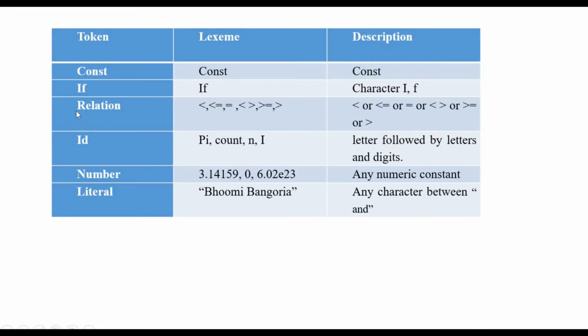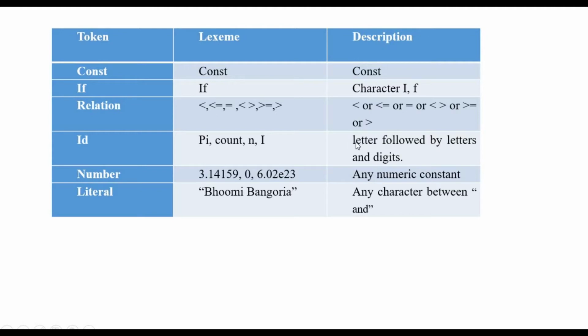Any comparison operator or relational operator, which is less than, less than or equal to, not equal to, greater than or equal to, or greater than. If any identifiers are used, identifiers like any variables, pi, count, and i.